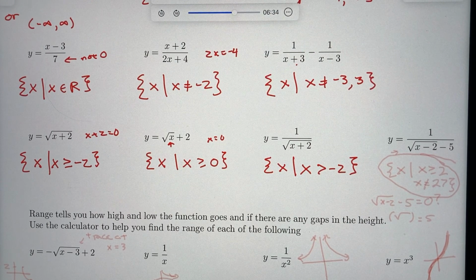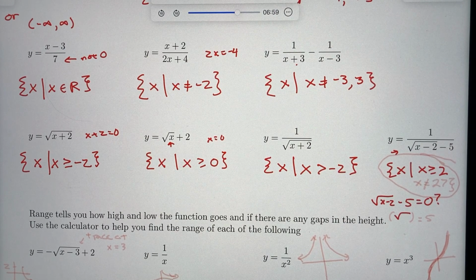This one's a little peculiar because you can have two things go wrong, and they're not quite the same as each other. First of all, with the square roots of negatives, you have to have x greater than or equal to positive 2. But there is one other thing. When does root x minus 2 minus 5 equal 0?